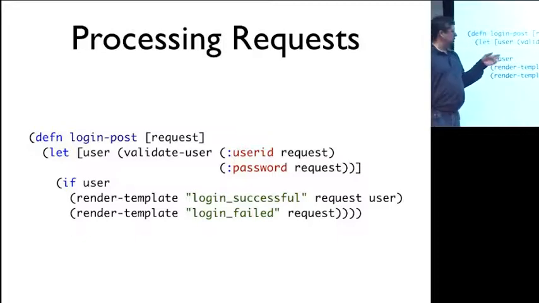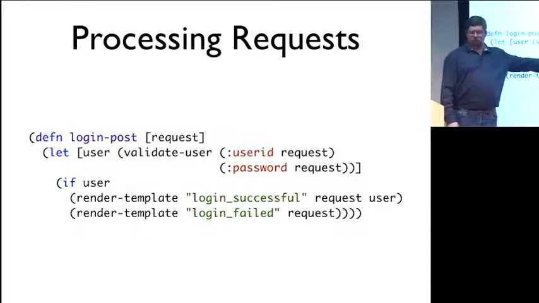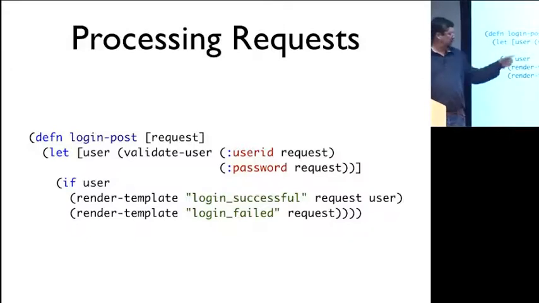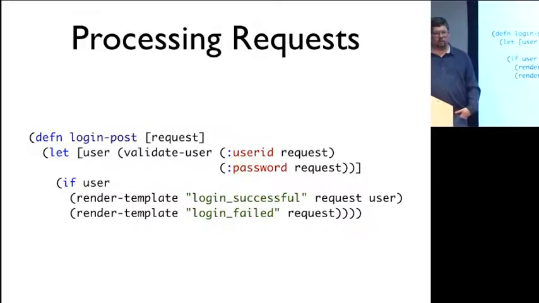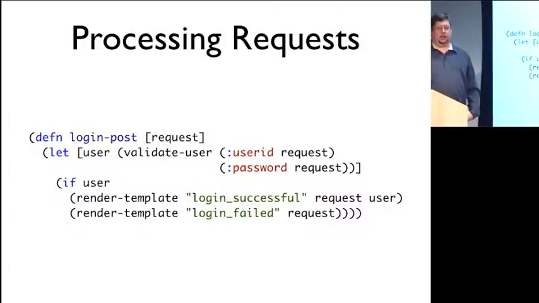So my handlers nearly always start with a let that includes function calls to go and do the work, gather the data, change things in the database, whatever, set variables that are going to be used to build the response, and then at the end build the response, render a template or something. So it's organized that way: do all the work and then build the response.